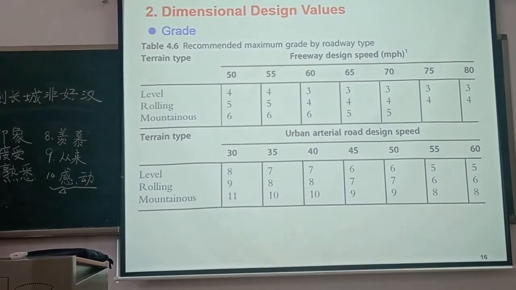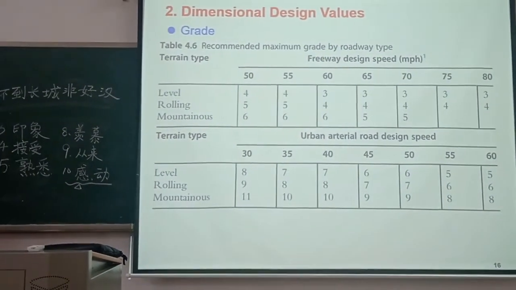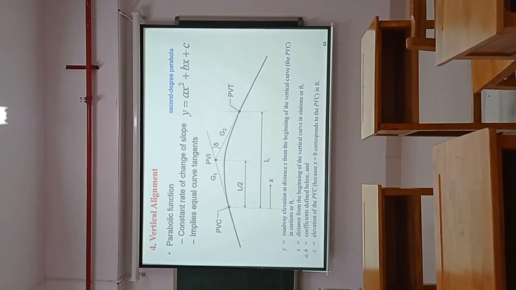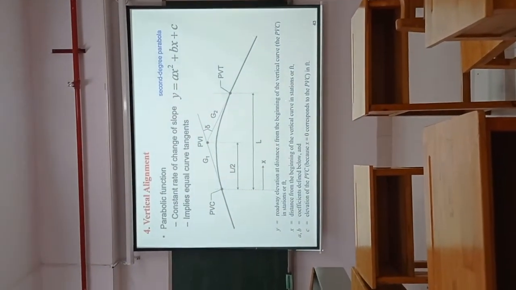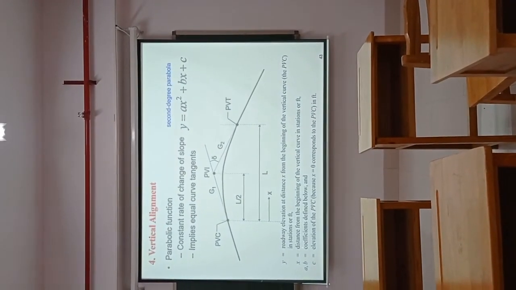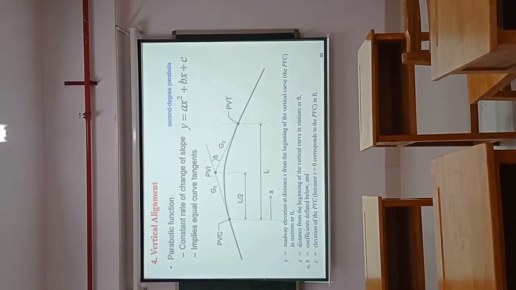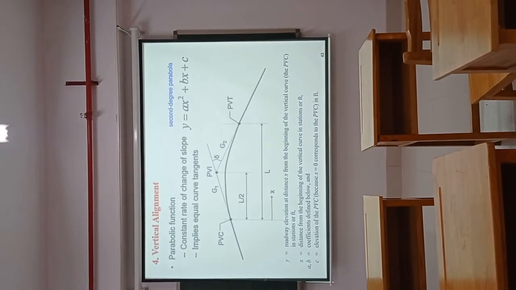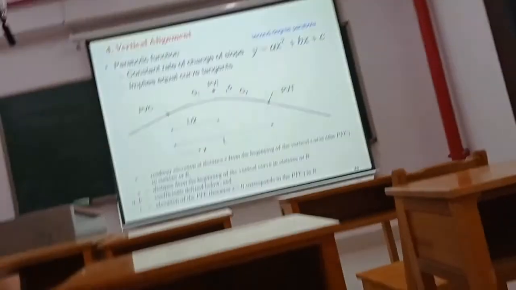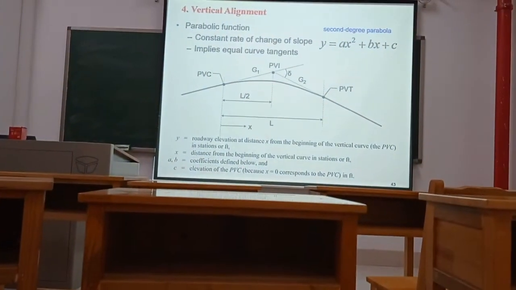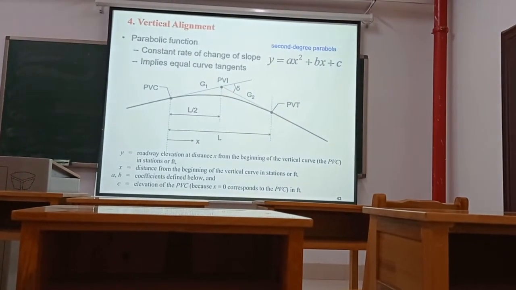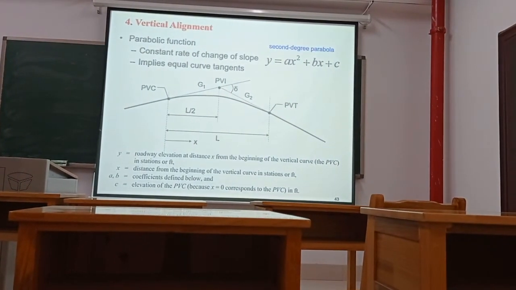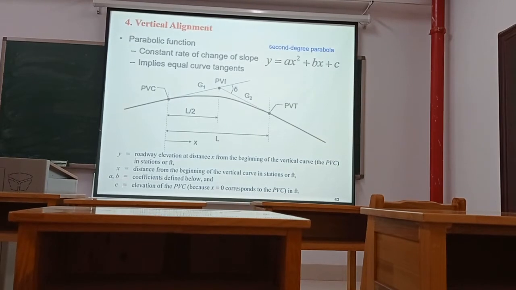Okay, we have a list. x is the distance from the beginning of the vertical curve in stations or feet. A and B are coefficients defined below, just the parameters we should determine according to actual considerations. C is the elevation of the PVC.